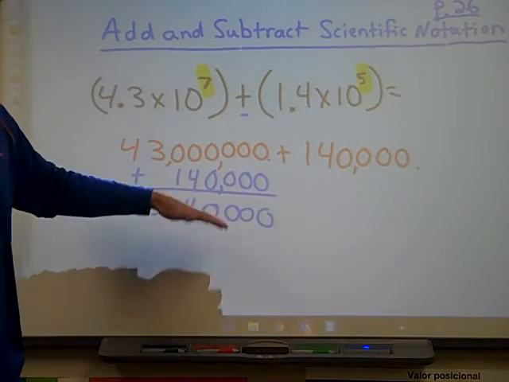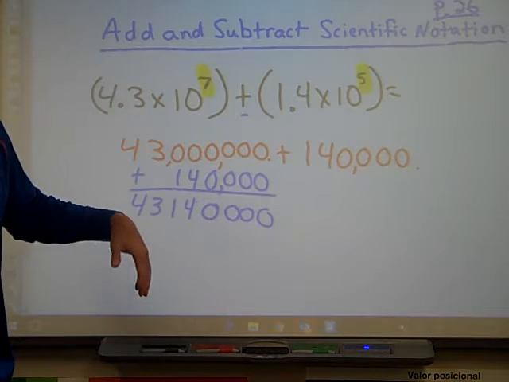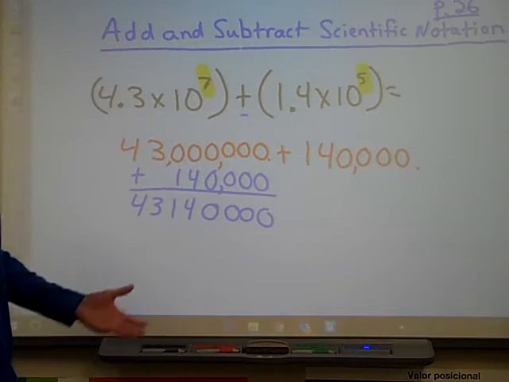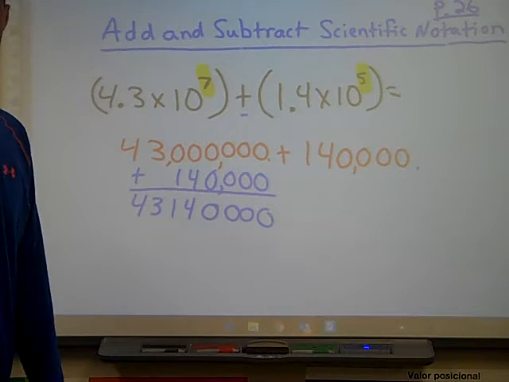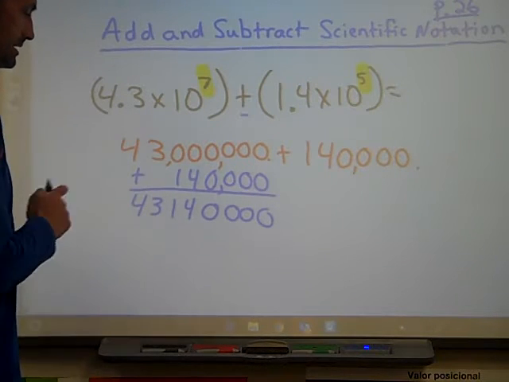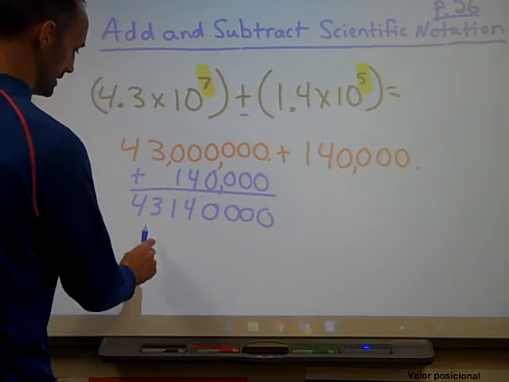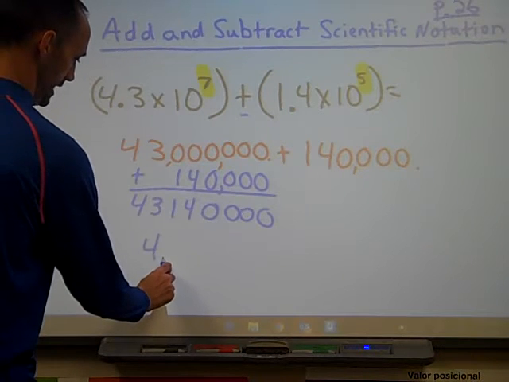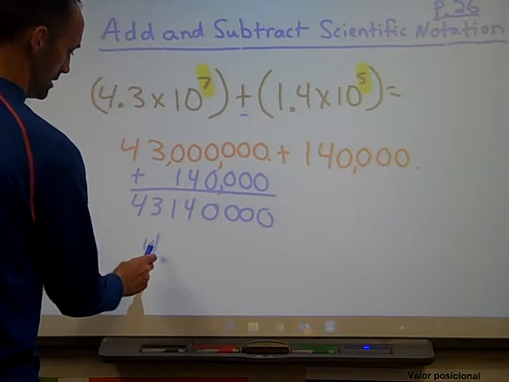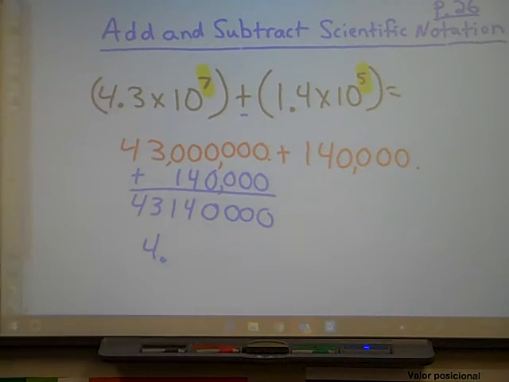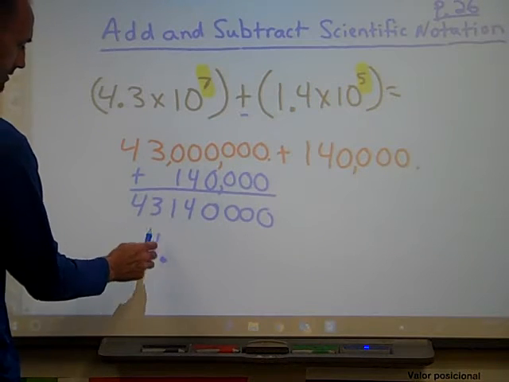Then I have to change this back to scientific notation. So thinking back to our rules, right? The decimal has to go behind the first digit that is not a 0. So it's going to go here.